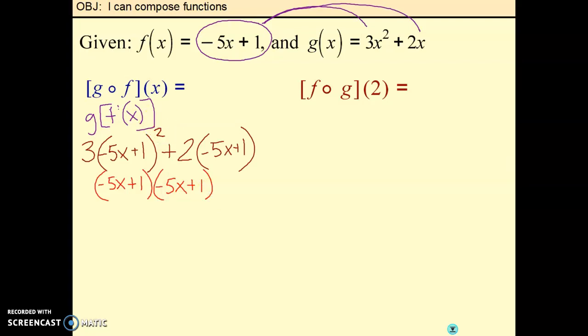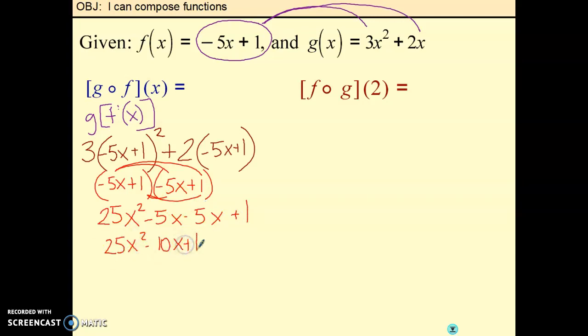Squaring something means I'll write that quantity twice and I'll practice foiling. So this becomes positive 25x squared minus 5x minus 5x again and plus 1. Combine those like terms to get 25x squared minus 10x plus 1, and that's just from double distributing.